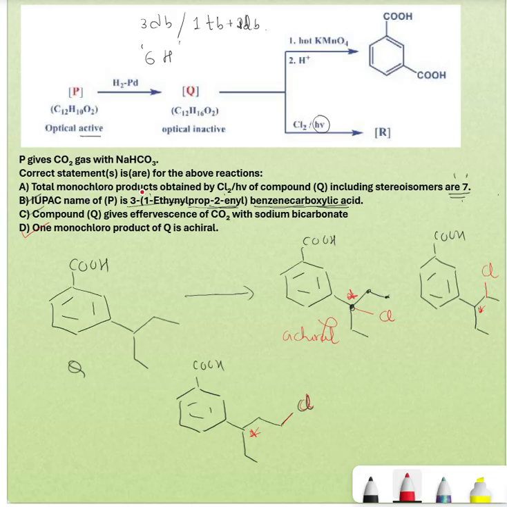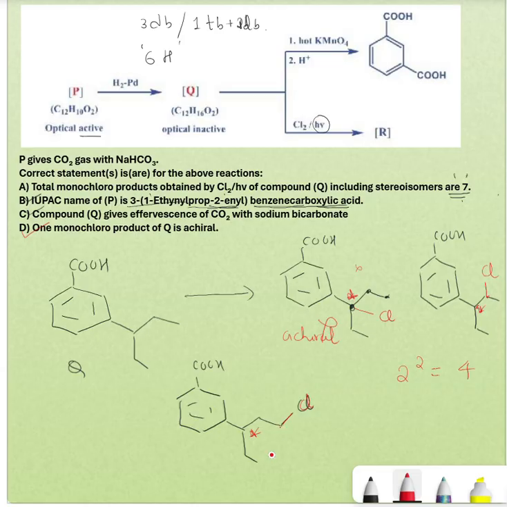The total monochloro products obtained by chlorine in presence of sunlight, it includes stereoisomers as 7, okay? For this, see, this molecule is achiral, so it won't form any other molecule, right? Now let's check for this. Look at this. You have two chiral carbons here, so 2 to the power 2 would be 4, right?